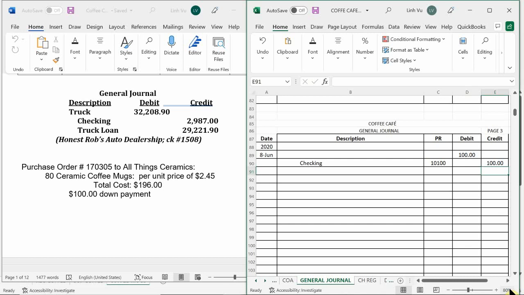Read the chart of accounts and look at which account makes the most sense. Why would cash in the register make sense when you're purchasing coffee mugs? Okay, credit card. I already told you it's not a liability. Visa, it is not a liability. So I don't know.